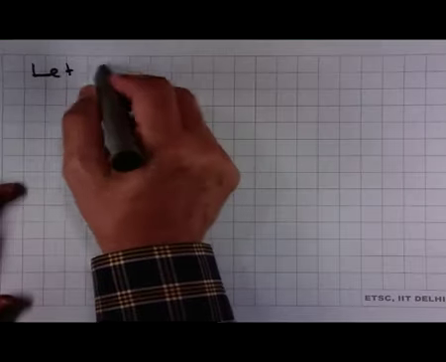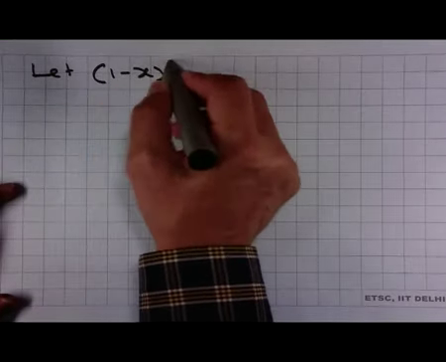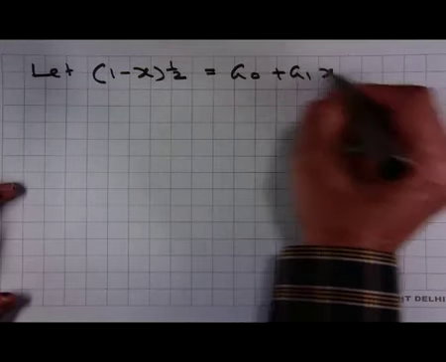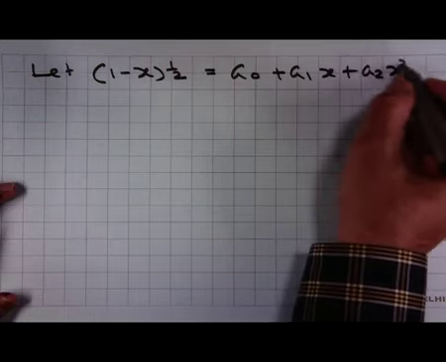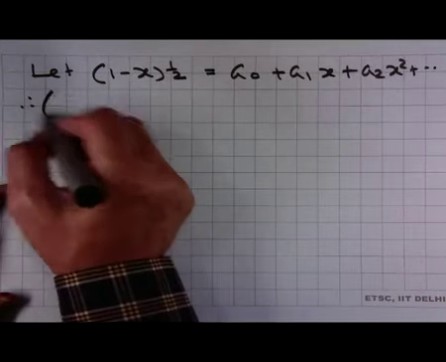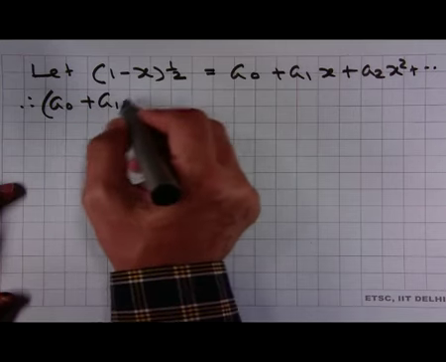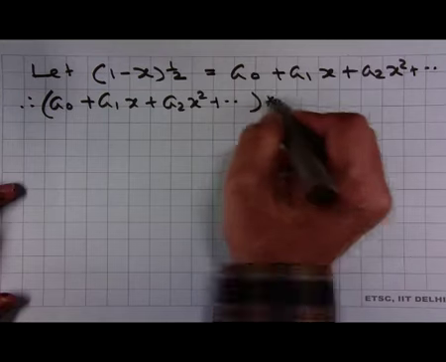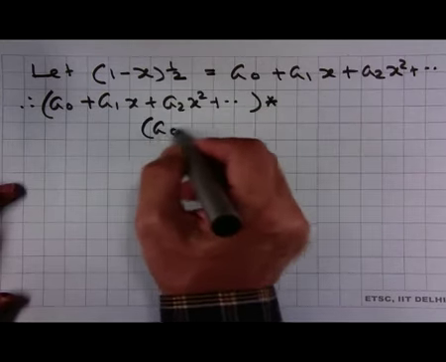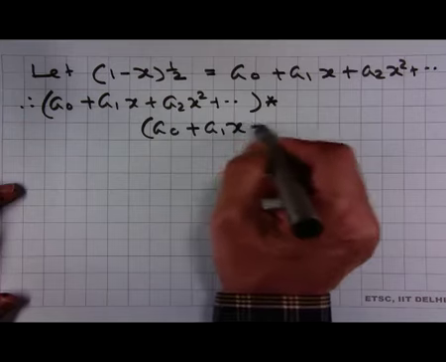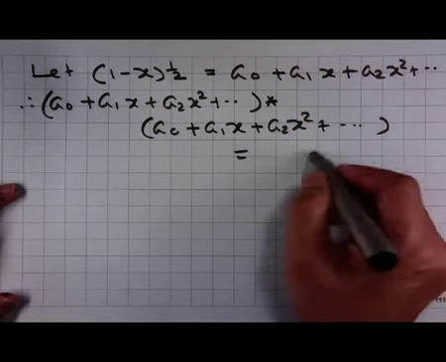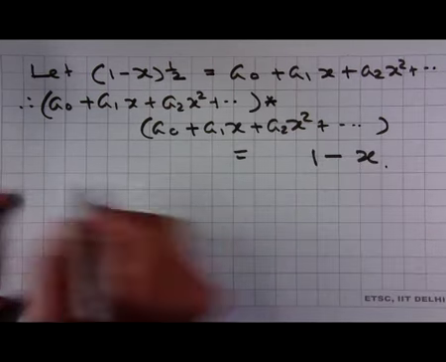So, let us try that. Therefore, (a0 plus a1 x plus a2 x square plus ...) multiplied by (a0 plus a1 x plus a2 x square ...) is equal to 1 minus x.